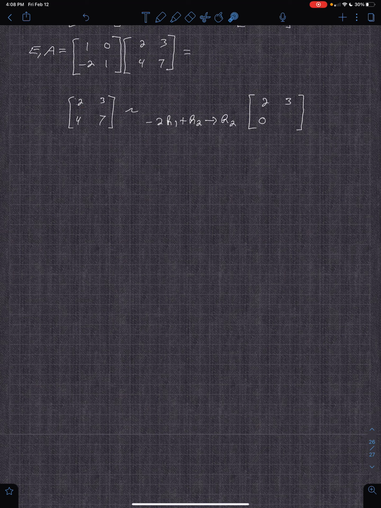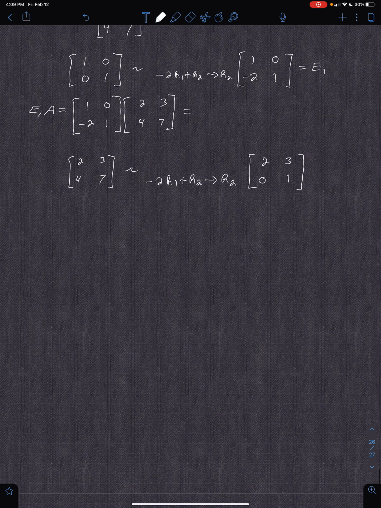Let me back up. I can try to point. So negative 2 row 1 gives us, right there will be a negative 4, and then when you add, you get 0. Okay, let's do that again. Negative 2 row 1 here gives us negative 6, and then when you add, you get 1.